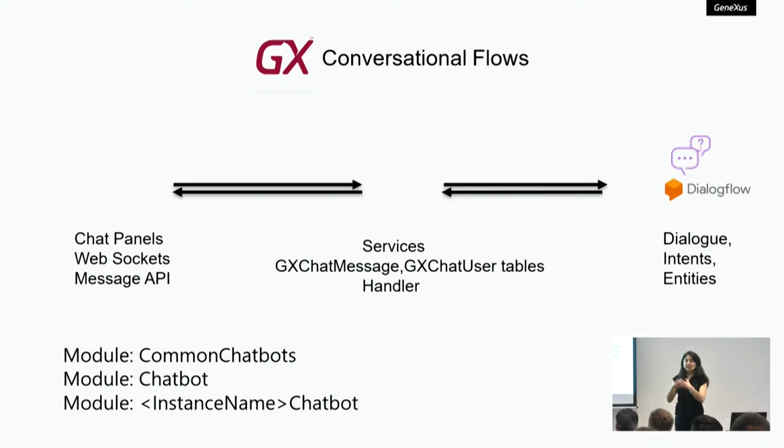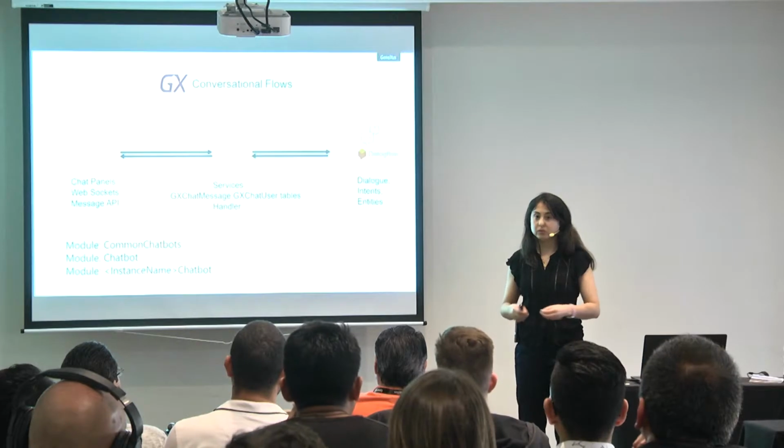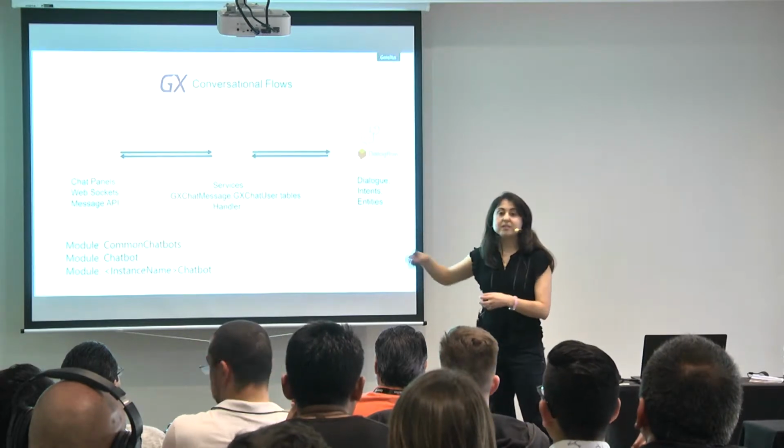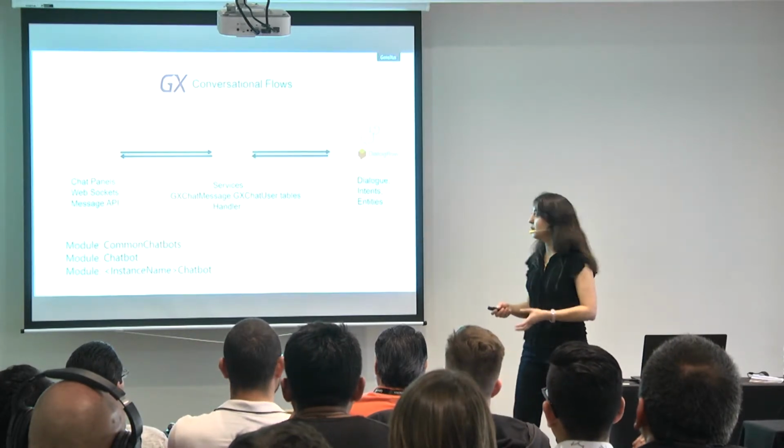The interesting thing is that we don't have to program the chatbot, because in GeneXus, when we create a conversational flow object, several resources are generated. Among them, a chat panel for web and a chat panel for UI, which has solved the use of the Messenger API, etc., to send a message.